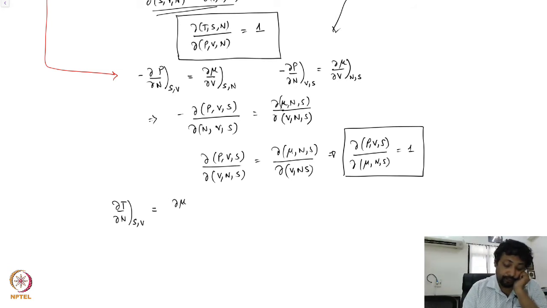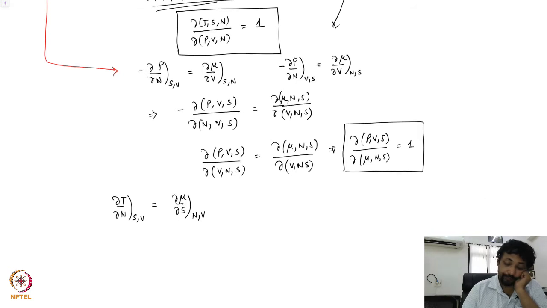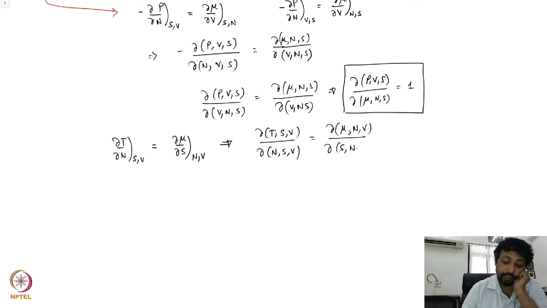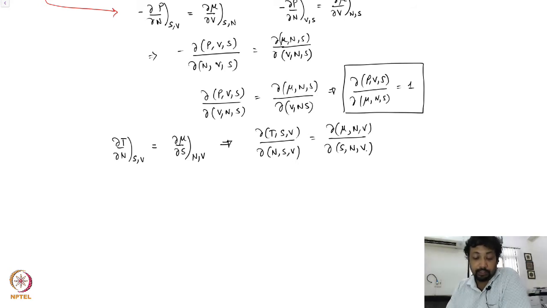You have del mu, del S at N comma V. So that you have del of T,S,V, del of N,S,V is equal to del mu,N,V, del of S,N,V.